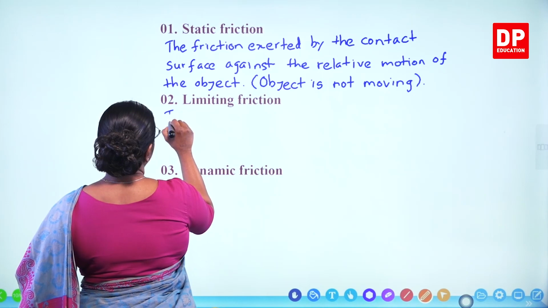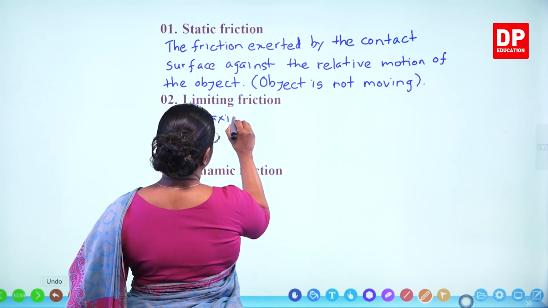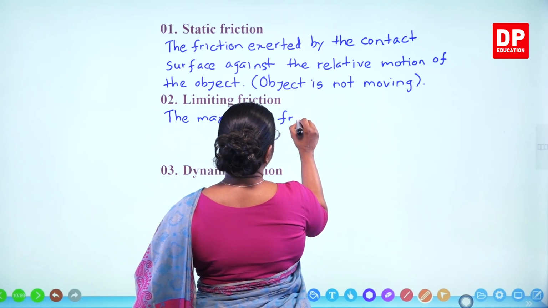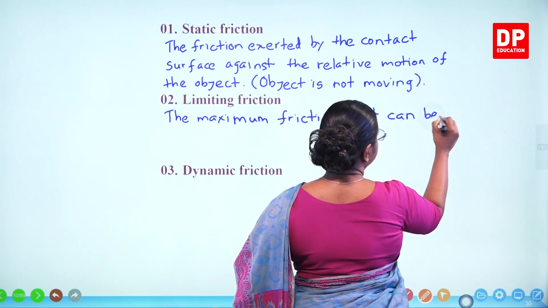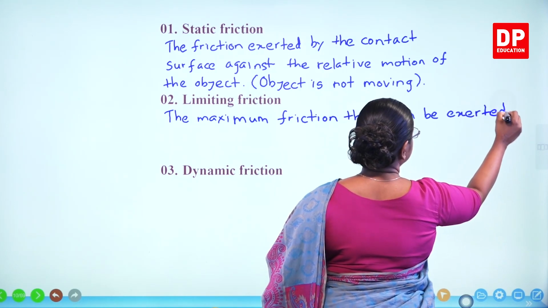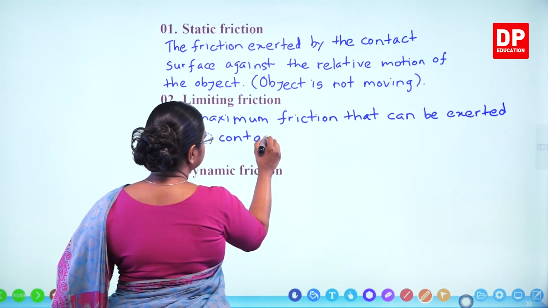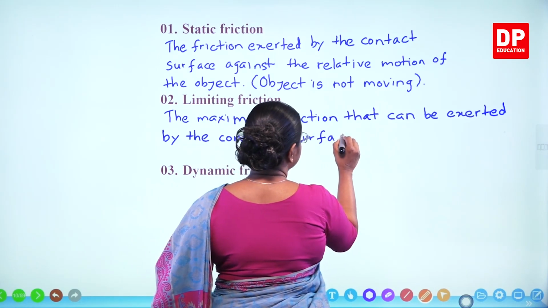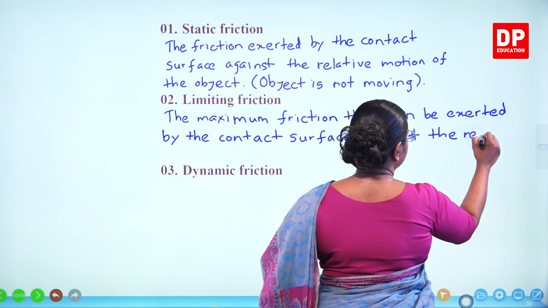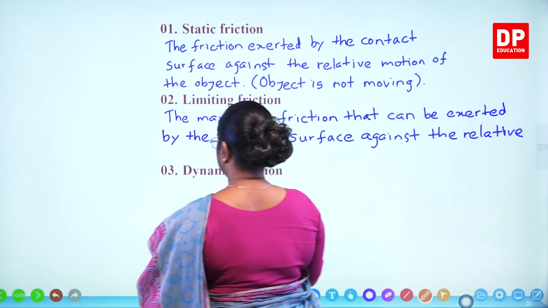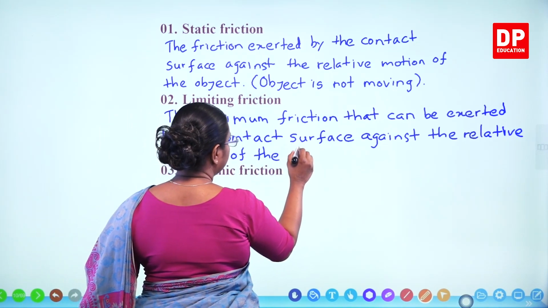So here I can say the maximum friction that can be exerted by the contact surface against the relative motion of the object.